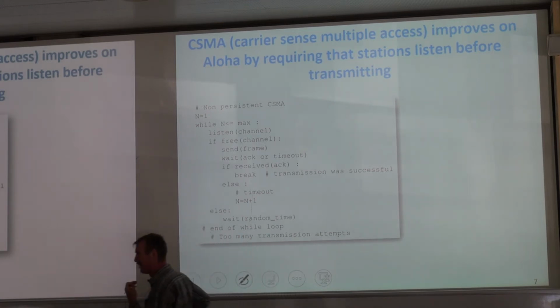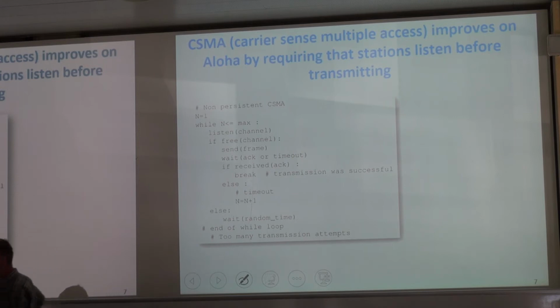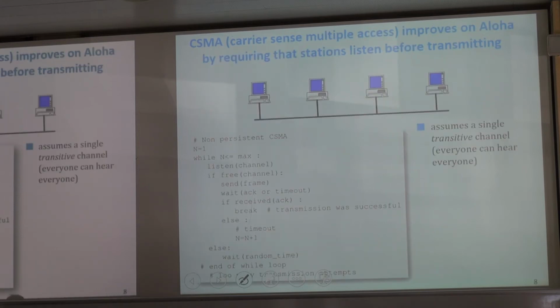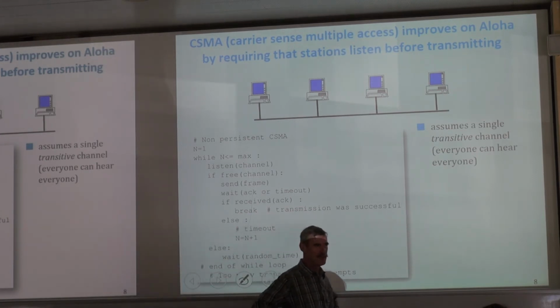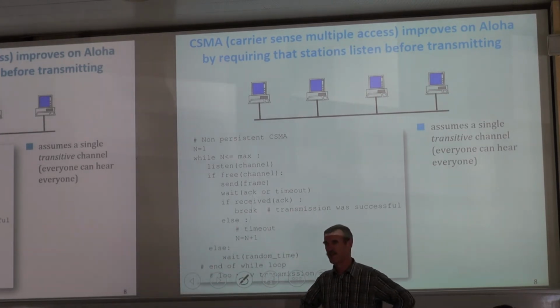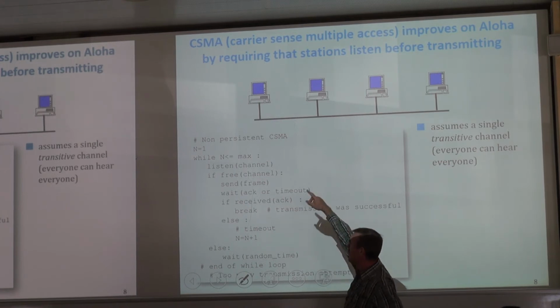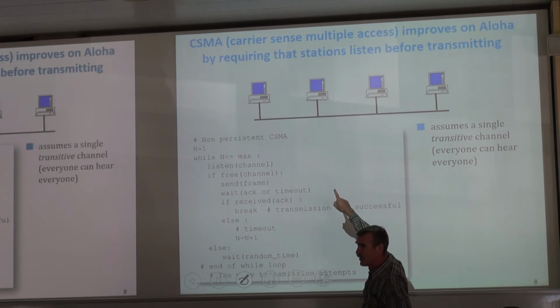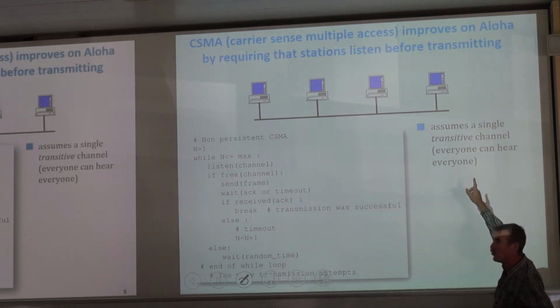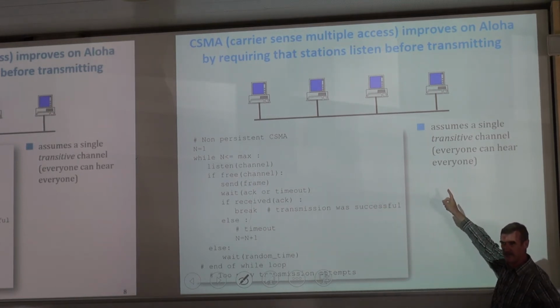Right. Which seems like a good idea, but still makes a number of assumptions. It makes in particular the assumption that you're able to listen, which is a very strong assumption made on Ethernet. Sometimes people say it means the medium is transitive. Transitive means if somebody on the left sends data to speak to somebody in the middle, someone else who's on the right will listen, will hear it.